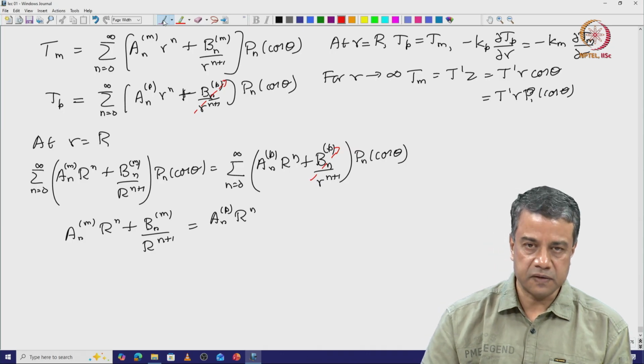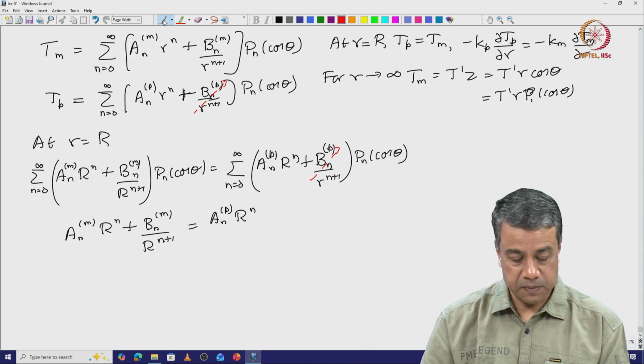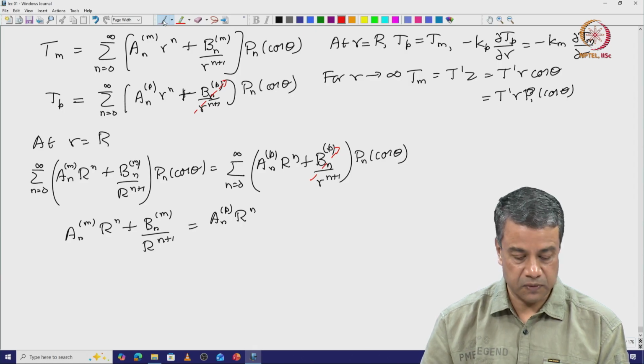So, this has to be true for each value of n. Similarly, the flux conditions also have to be true for each value of n.